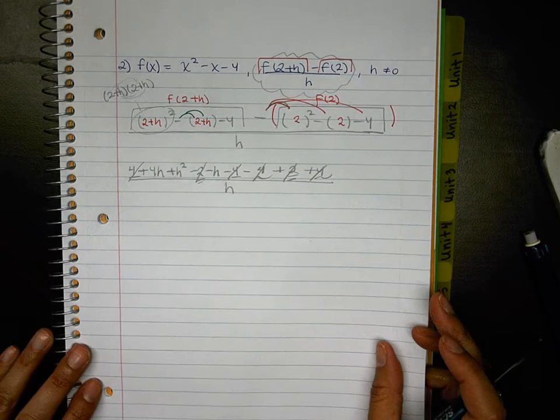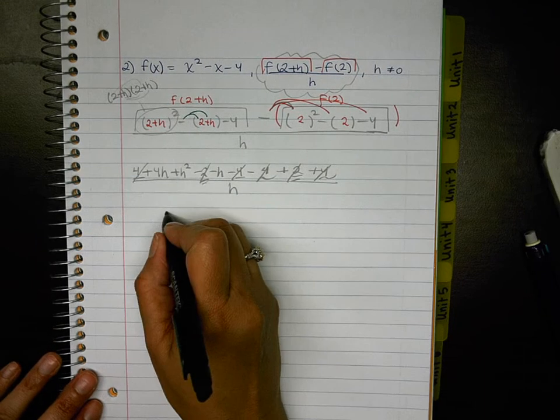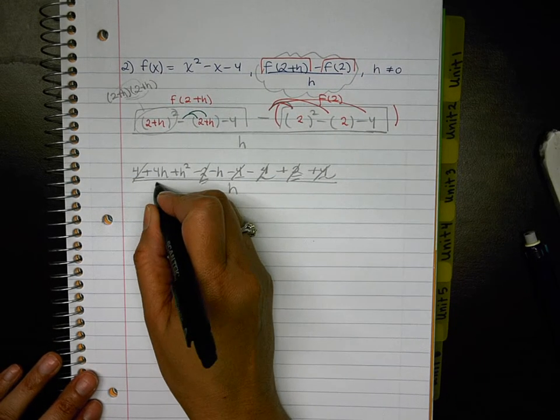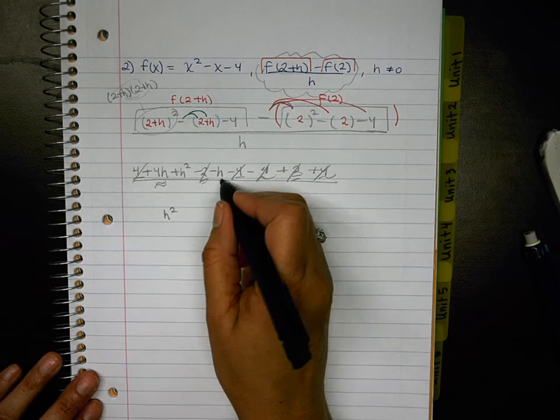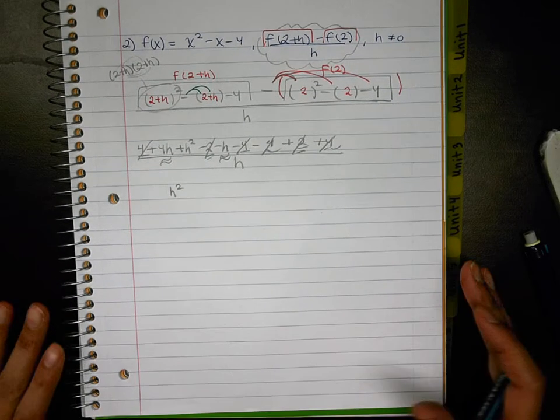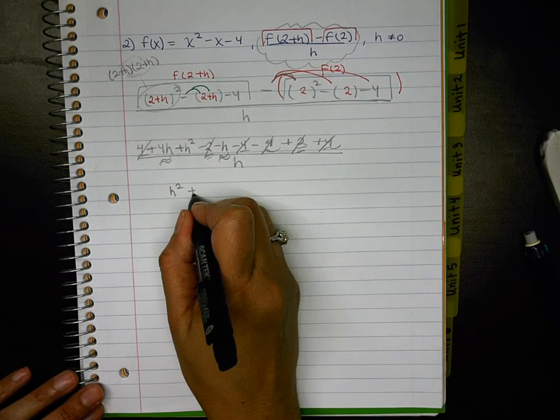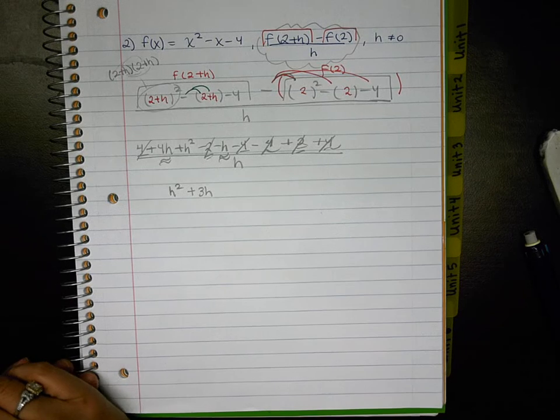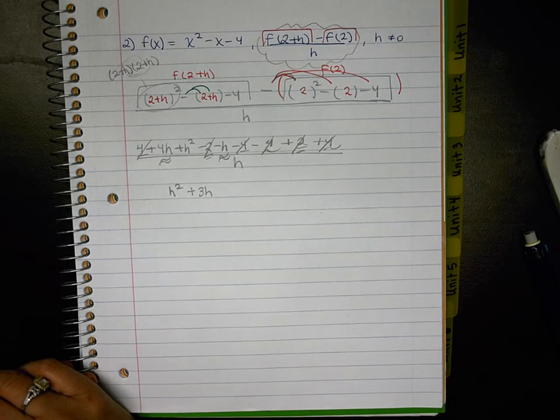All right. H squared and 4h and negative h, what does that combine to? 3h. So is that what we're left with in the numerator, h squared plus 3h? Yes?